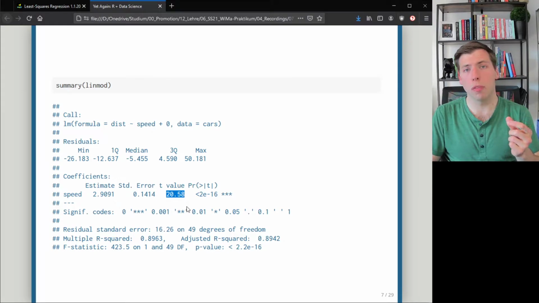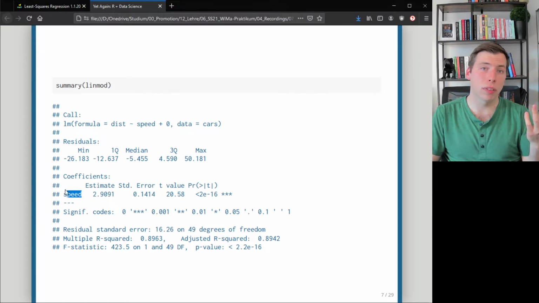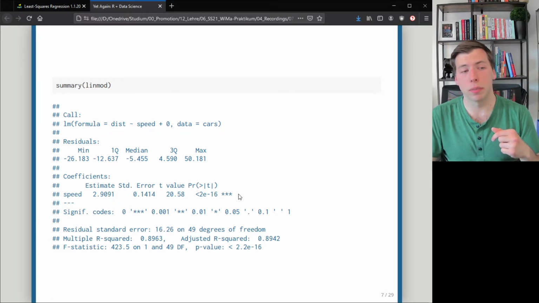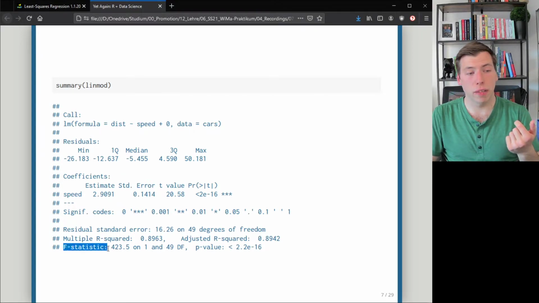And the null hypothesis of that test is that the parameter beta with respect to our variable speed is 0 against the alternative that it's actually not 0. So it's kind of a test of how significant the influence of this speed parameter is. And as you can see here, the corresponding p-value is quite low, so we can think of this speed variable as being significant.